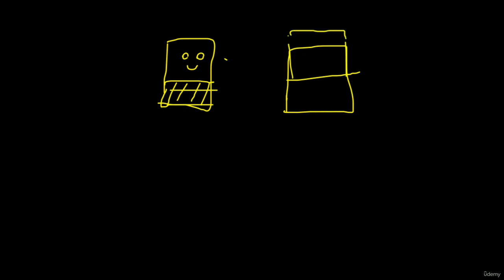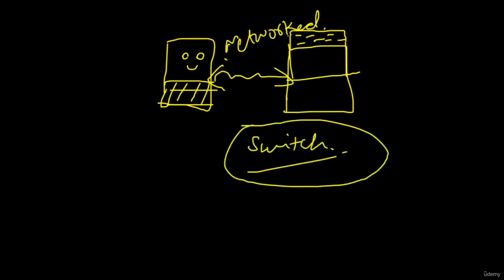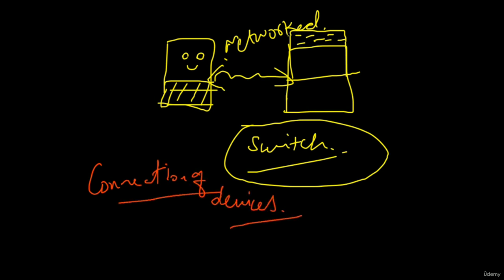Here is something that it is printing. It is connected through Wi-Fi or any medium. Let's say it is networked. So this is a way we can call it a switch. It means switches are the connection of devices. Connection of devices is known as a switch.